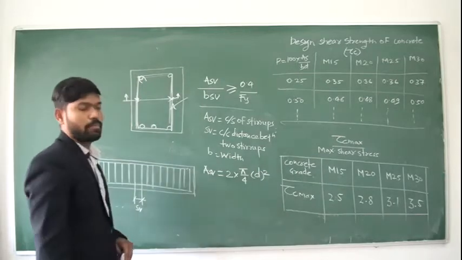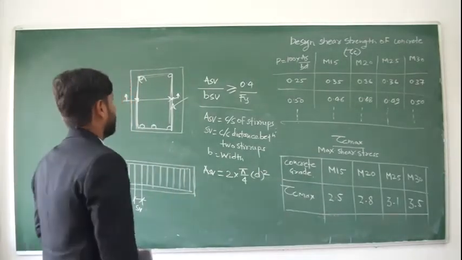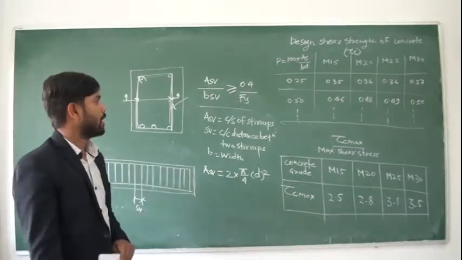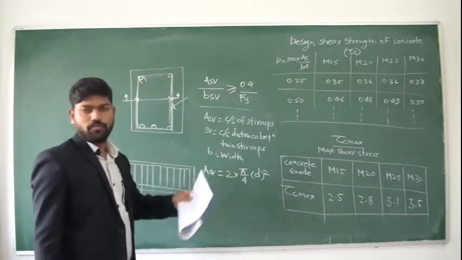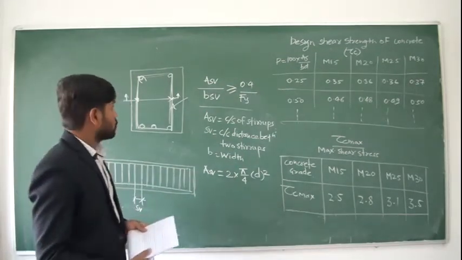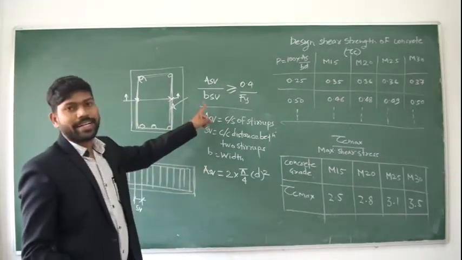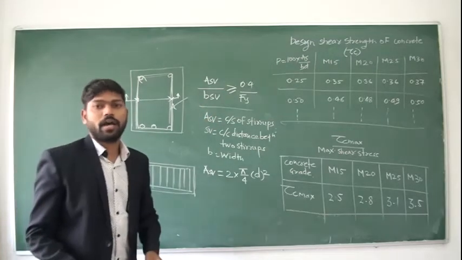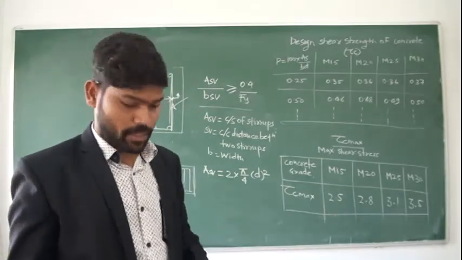Then b is the width, fy is the grade of steel, and this is 0.4. So your minimum reinforcement in a beam should satisfy this criteria, which is given in IS 456.